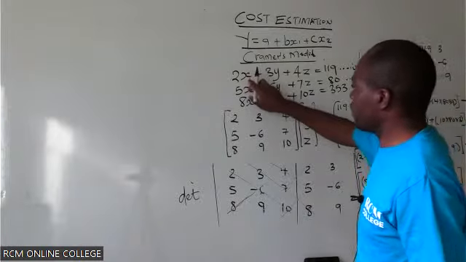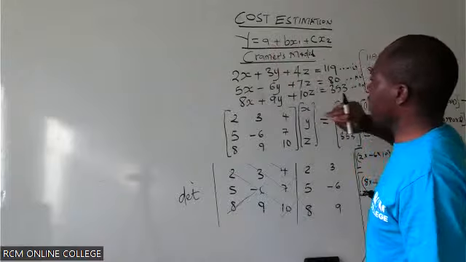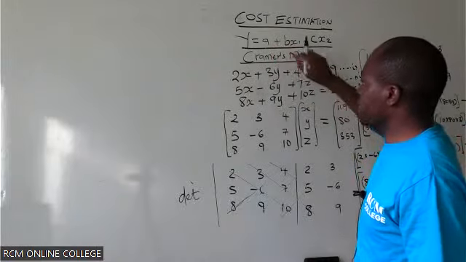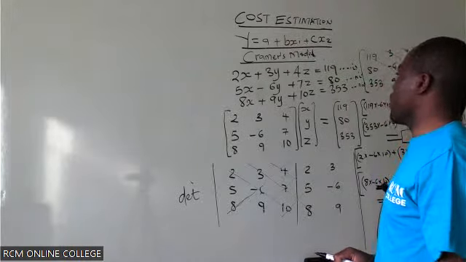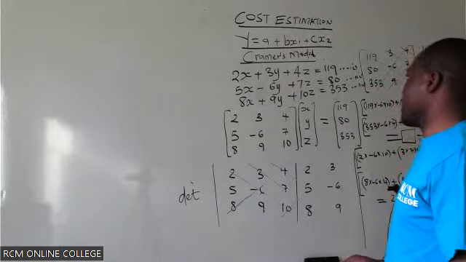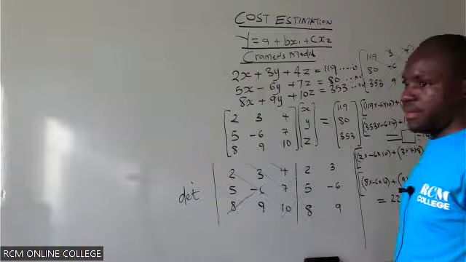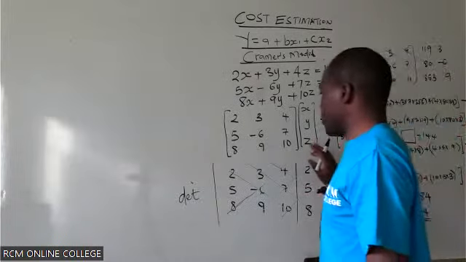So we need to get the value of x, which represents a, the value of y, which represents b, and the value of z, which represents c. So this is what you are supposed to do.